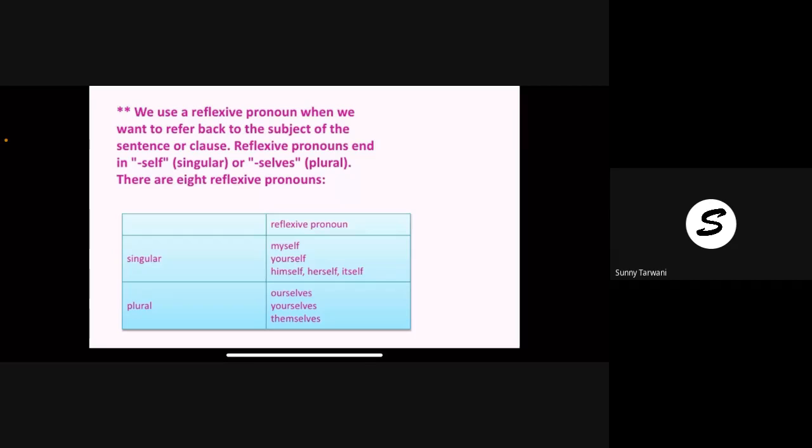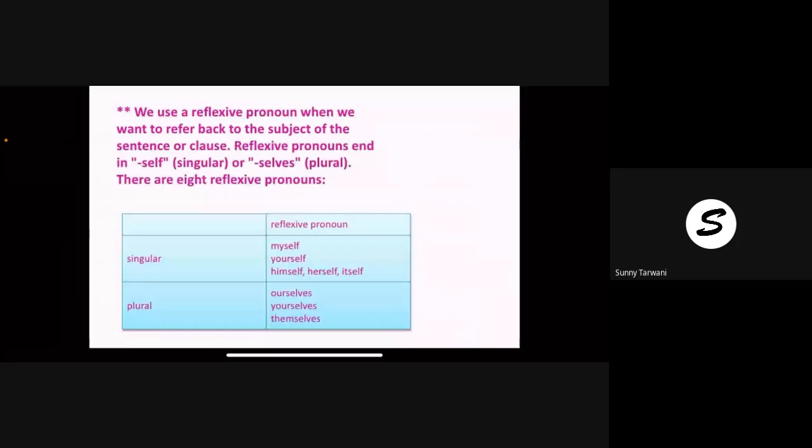See, all this with self. Everywhere you see myself, yourself, herself, ourselves, yourselves, themselves, all these are reflexive. When you want to refer to the subject in the sentence, you will use this. I completed my work myself. So myself means what? I. Myself ने I को refer किया. I completed myself.